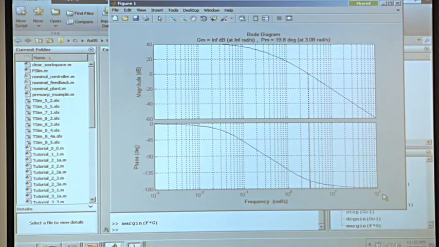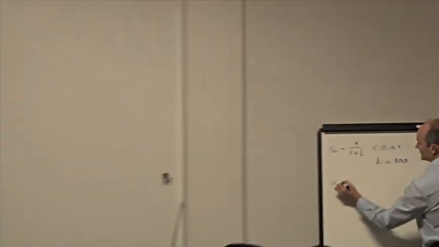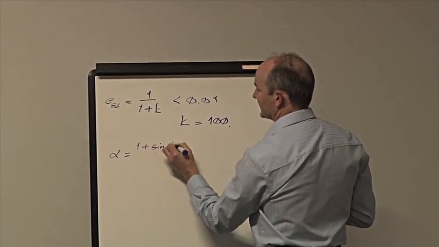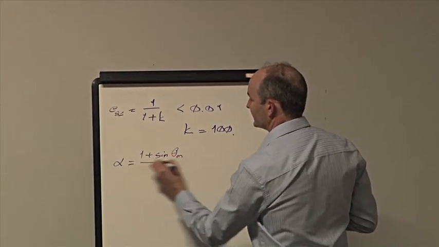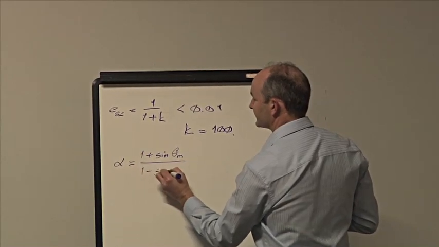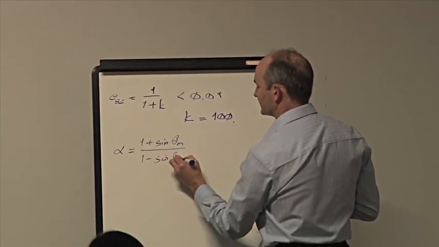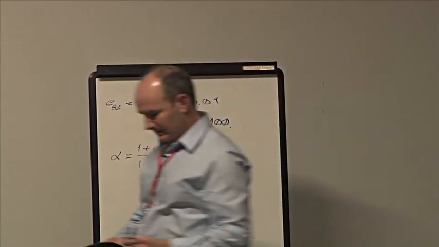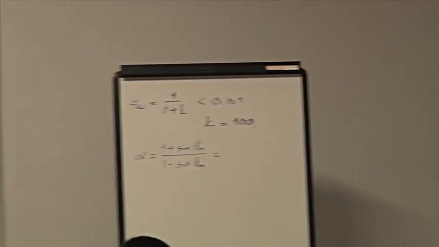Okay. Now, the first thing to do is to construct alpha and c. Alpha, if you remember, was 1 plus the sine of the extra phase that we wanted, divided by 1 minus the sine of the phase that we wanted. What phase shall we select? How much extra phase do we want in here?